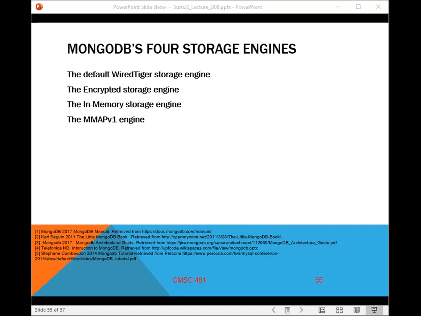Likewise, the in-memory storage engine offers extremely high performance, coupled with real-time analytics. And that's one of the ways that MongoDB markets themselves: you can do real-time big data analytics. Although their big data is not nearly the big data of Hadoop or Spark, it is fairly substantial.